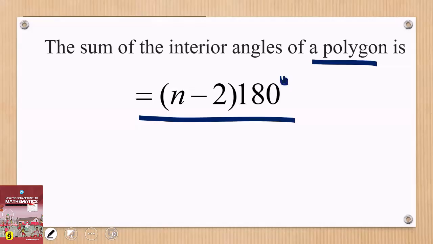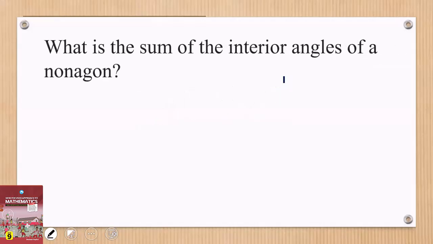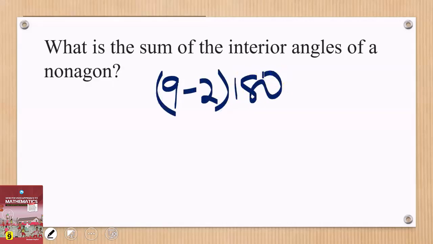Based on this concept, you can solve questions. For example, what is the sum of the interior angles of a nonagon? A nonagon is a polygon with 9 sides. So if we have n minus 2 and multiply the result by 180, we get the sum of the interior angles.